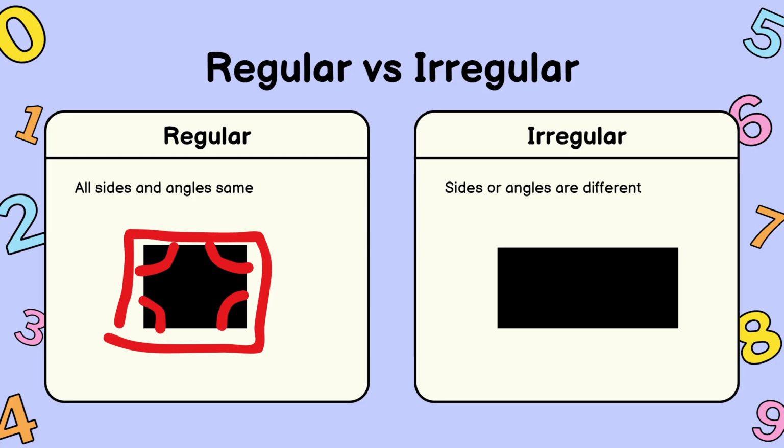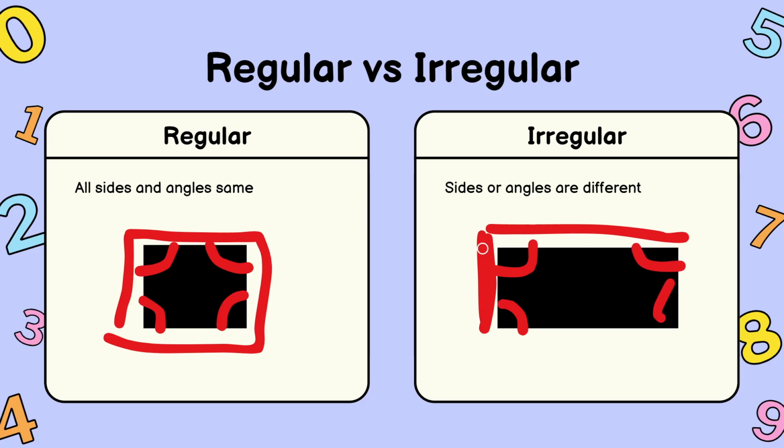Now let's contrast this with irregular polygons. These have sides or angles that differ. Think of a scalene triangle where no sides, no angles are the same. We can also think of a rectangle. This side and this side, they are not equal. However, the angles are equal, but all the sides are not equal.